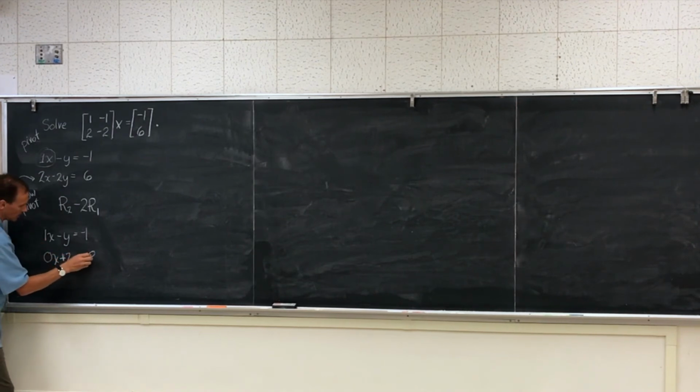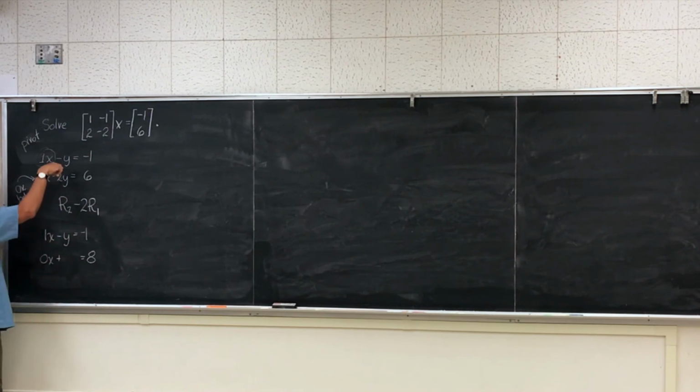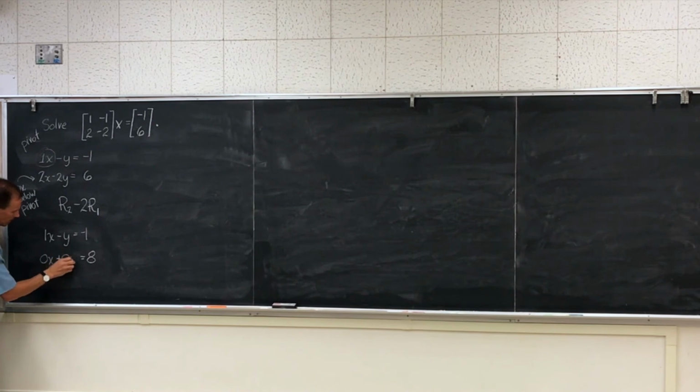Oh my, that did get big, didn't it? Well, oops, gee whiz. This became minus 2y plus 2y. Oh, that was a 0y. Well, wait a minute. We've already had the 0x. How do we solve 0y is 8?